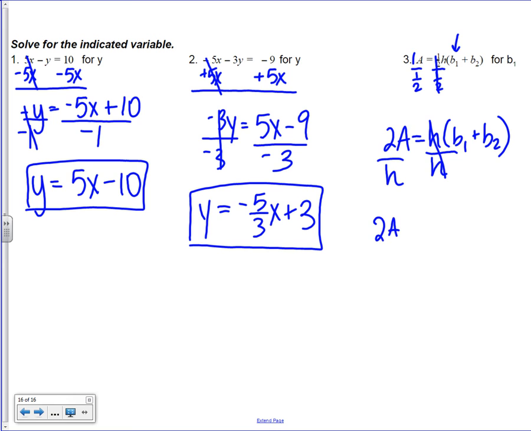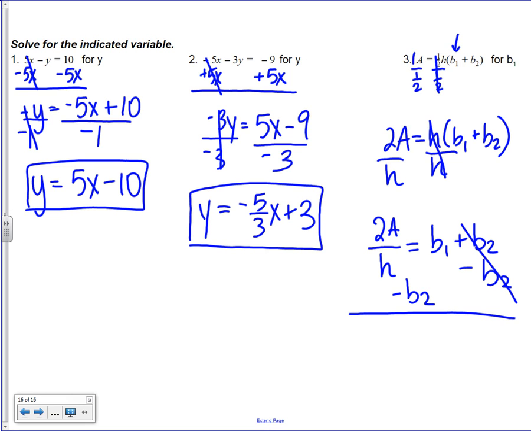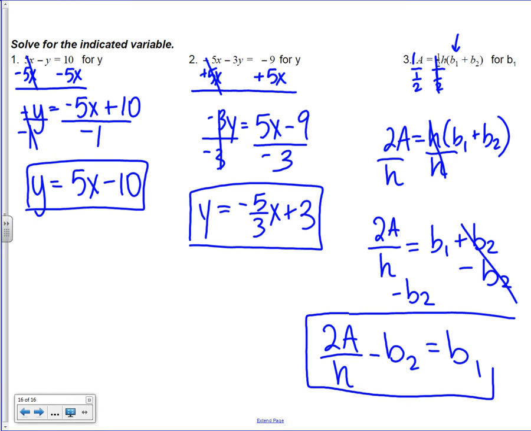So I have 2a over h equals b1 plus b2. Lastly, I need to get rid of the b2, and we're going to subtract it. Now be careful when you write this, because the minus b2 needs to go right in line with your fraction. And now we have b1 isolated.